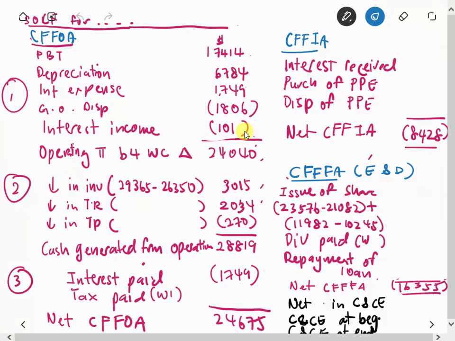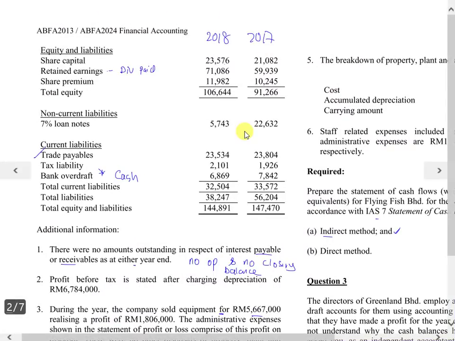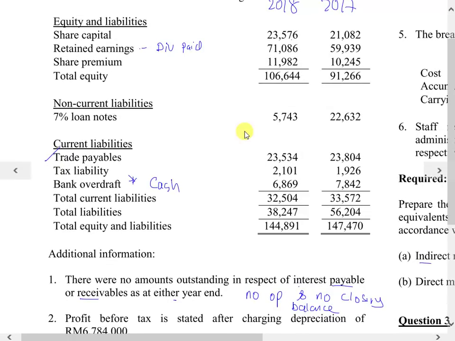What is after interest paid? Tax paid. Tax paid, I can tell you, past question, 99% similar one. How? Here. Tax paid, look at tax liability. Last year, how much?